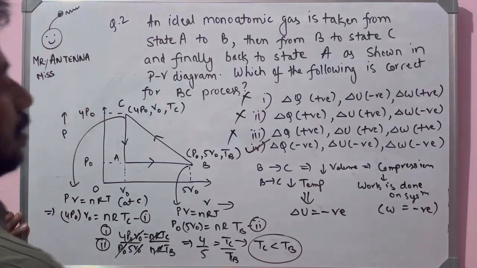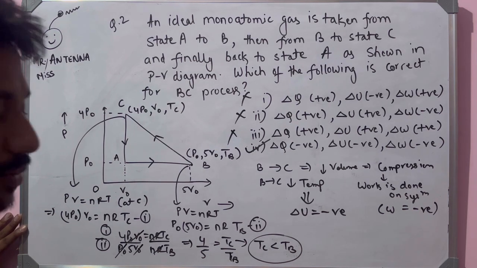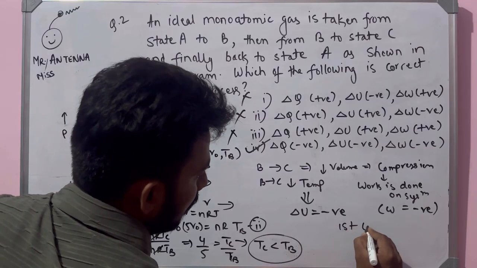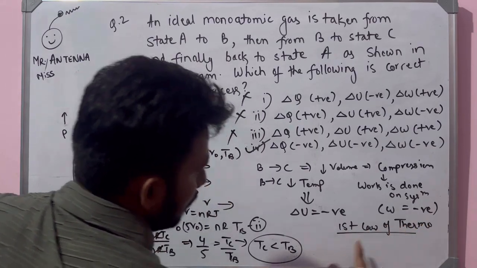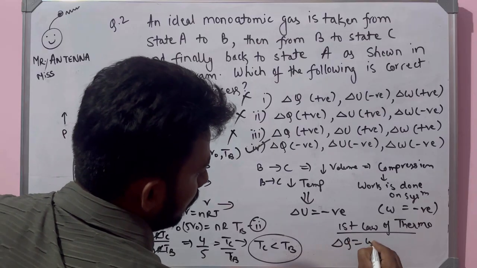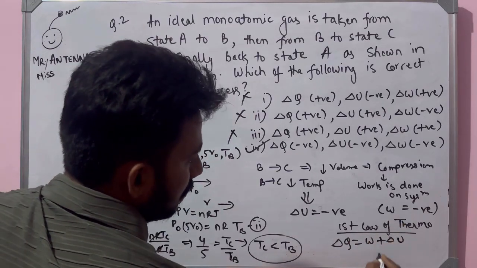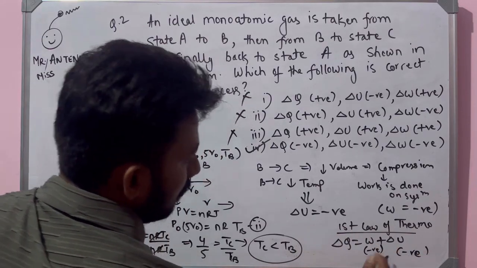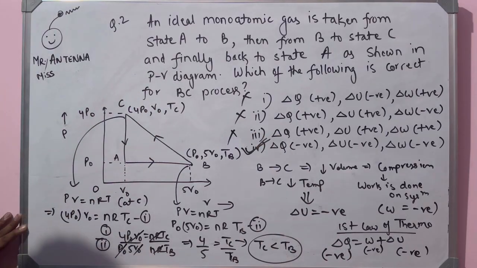Now we have to check delta Q. If you want to check the sign of heat, you can use the first law of thermodynamics. First law of thermodynamics says heat given will be equal to work done plus change in energy. So work done I have is negative, and change in energy I got negative. So negative plus some negative, I'll get a negative value. So by that also you can say the fourth option is correct.